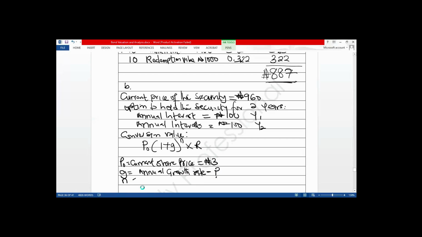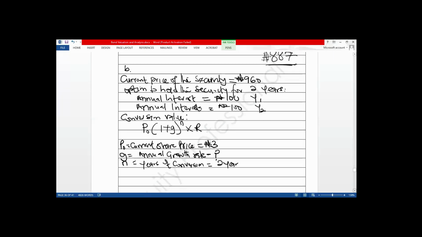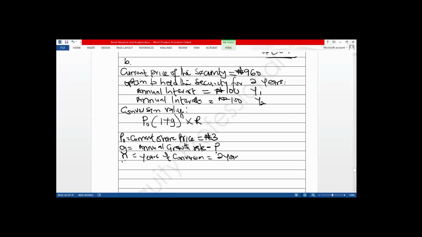Your N, years of conversion. This is 2 years. Then your R, that is the conversion ratio.